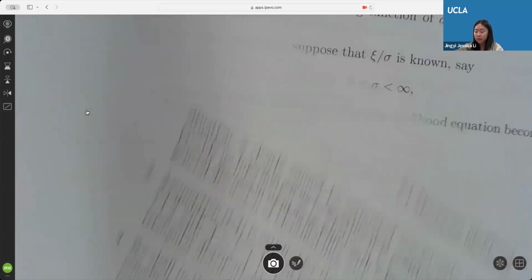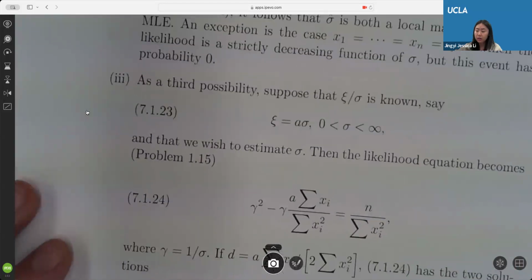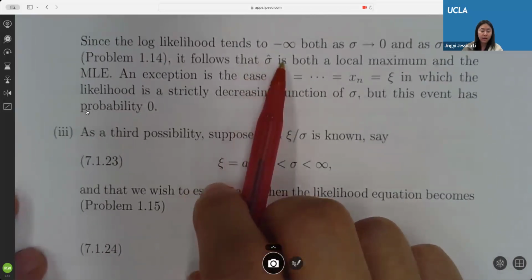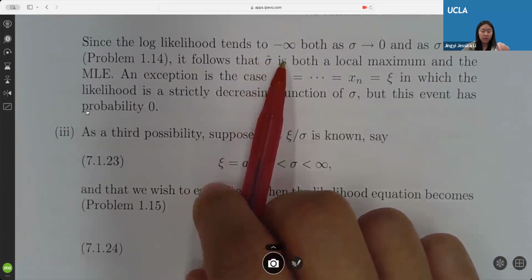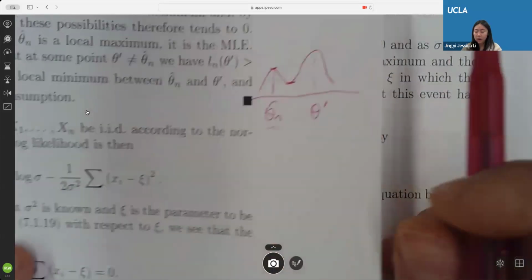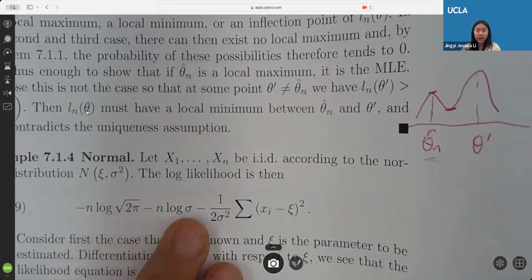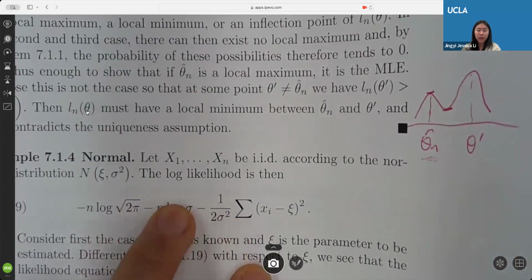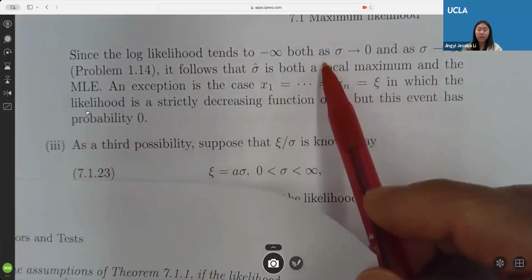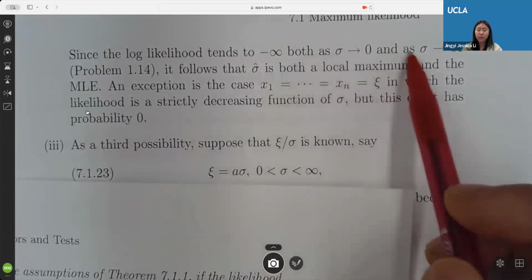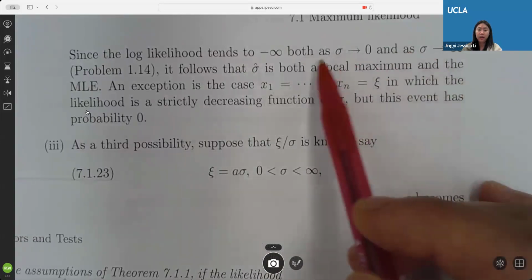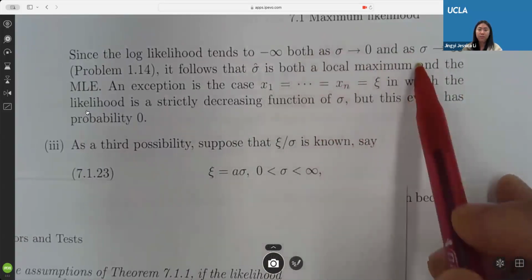In this situation, since the log likelihood, look at this, tends to negative infinity both as sigma goes to 0 and as sigma goes to infinity, we can show that it has a maximum in between.